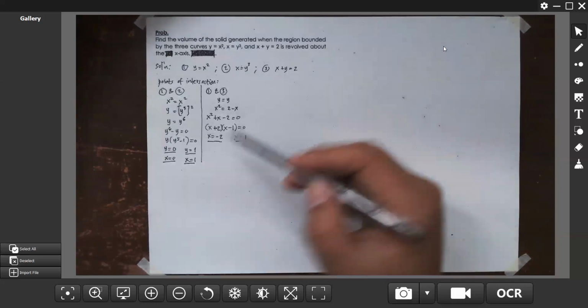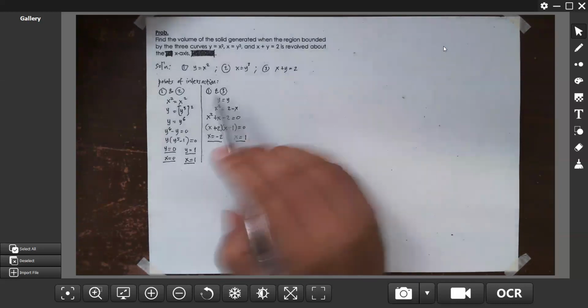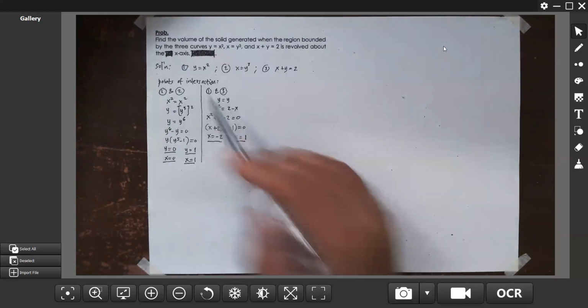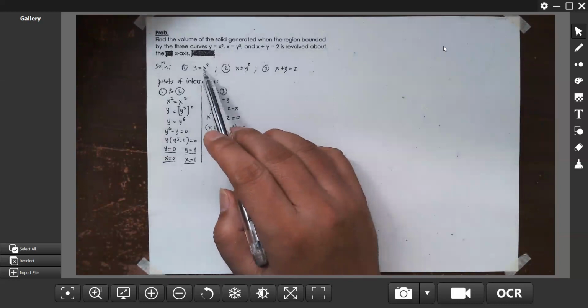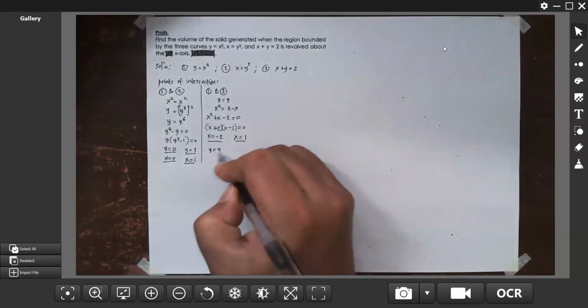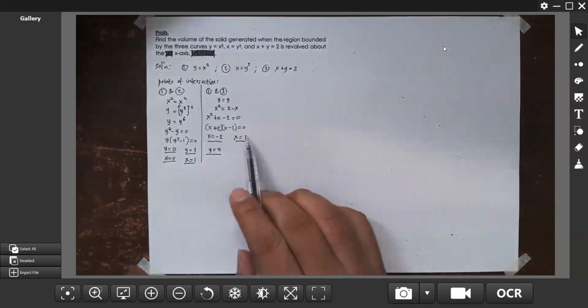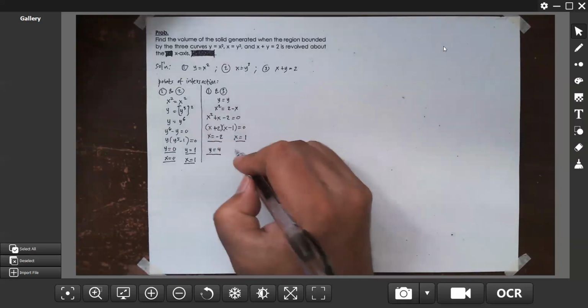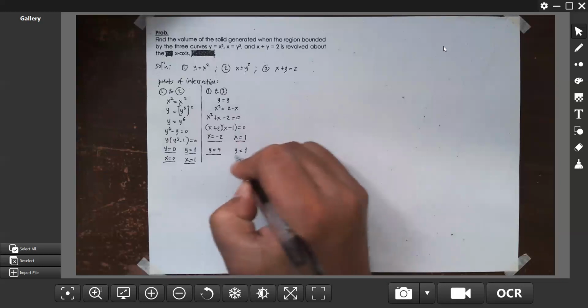Let's substitute into equation 1. When x equals negative 2, y is 4. And when x is equal to 1, y is also equal to 1.